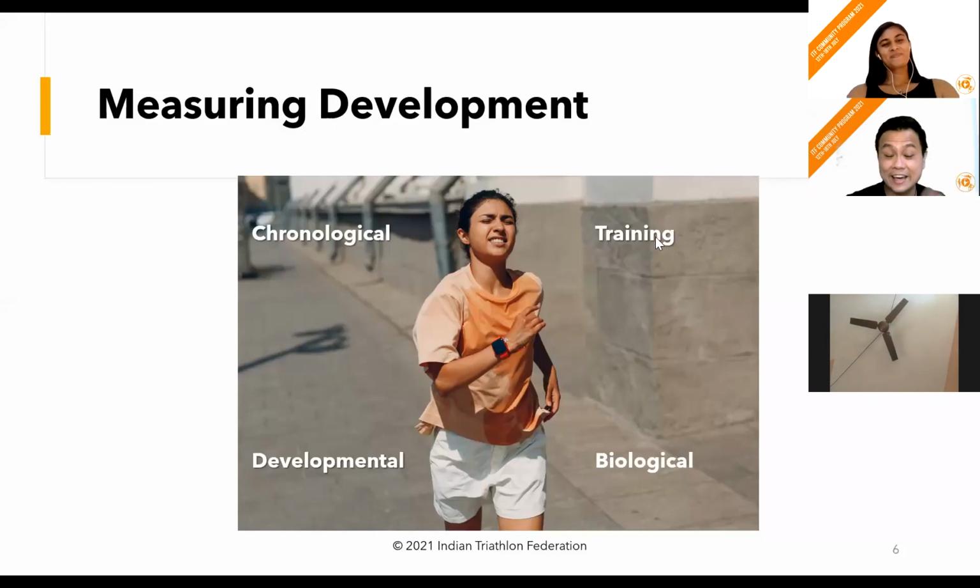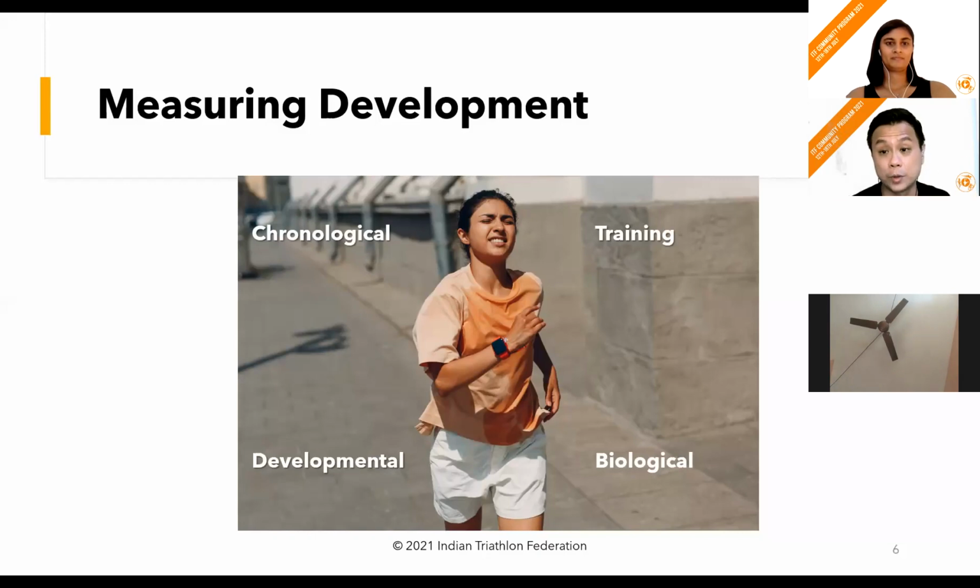Okay, then there is training age. Remember, training age would be how many years an athlete has been in the training program. So if you have 12-year-olds who come to you, one has been swimming since 8 and the other only started swimming at 12. That means the one who is 8 years old has 4 years of training, and the one who's just started has less than a year of training.